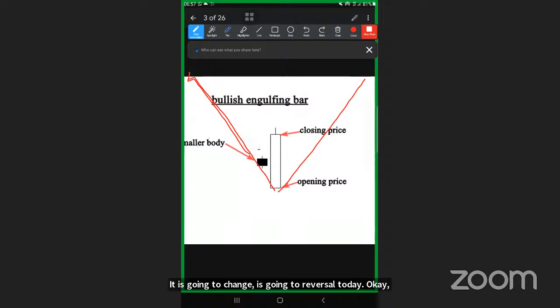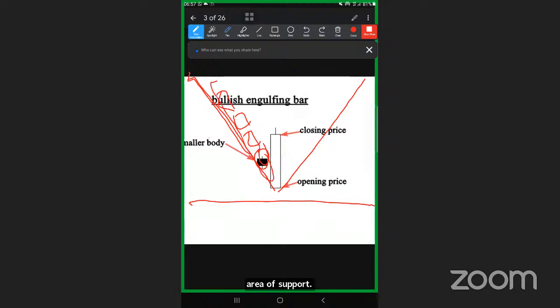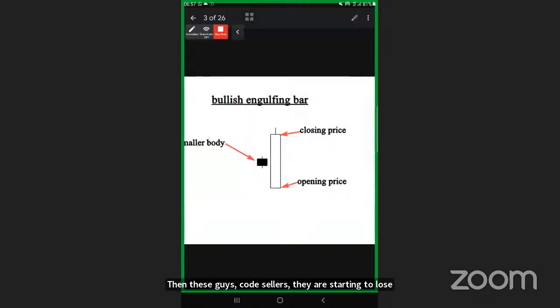You can see the presence of this candle, which represents sellers. You are going to see a couple of red candles there. The market is coming down. But when it is approaching an area of support, these sellers are starting to lose their power.